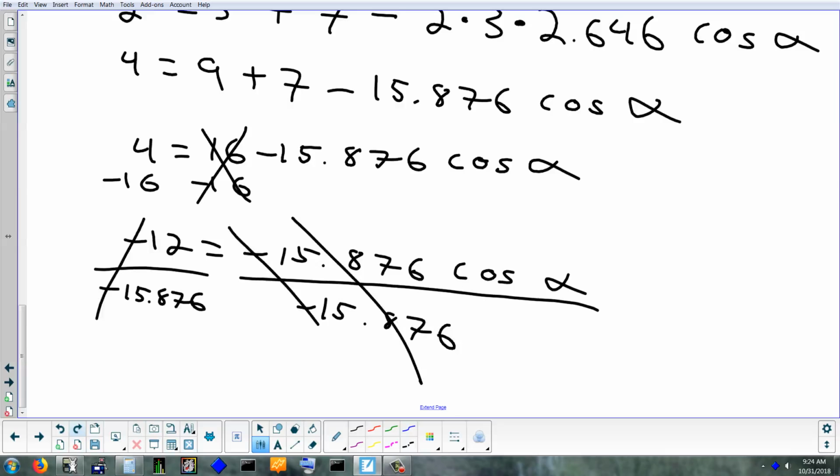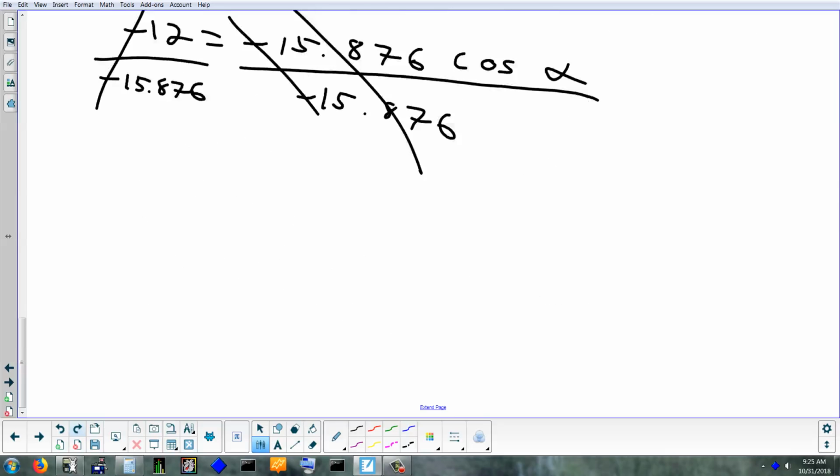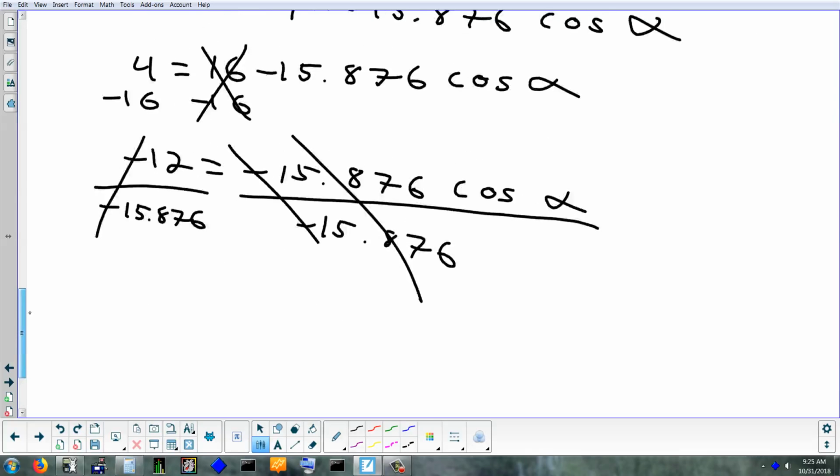At this point, I like to check it real quick, and always make sure that I have a bigger number in the bottom than the top. If I don't, don't even continue. You did something wrong. You should always have a bigger number in the bottom. And 15 is bigger than 12.